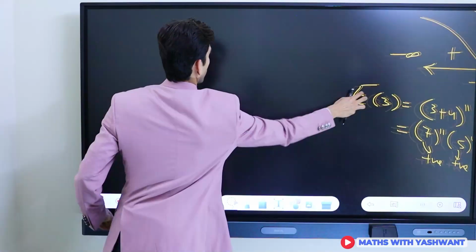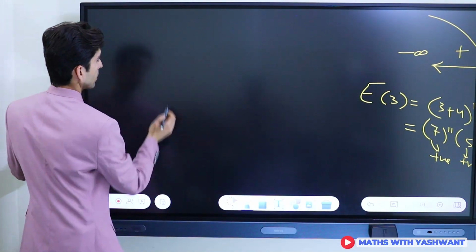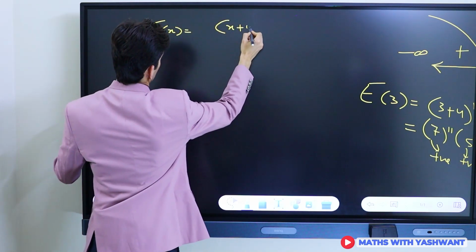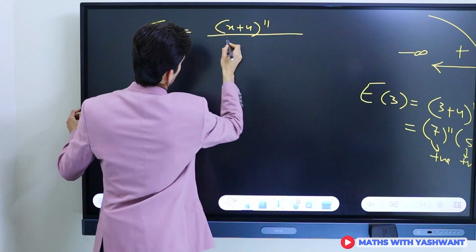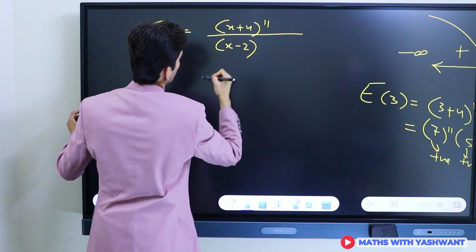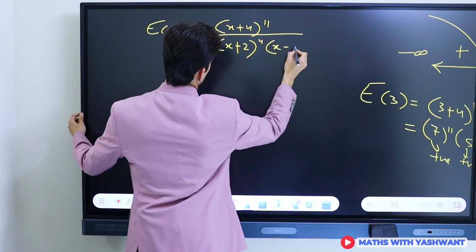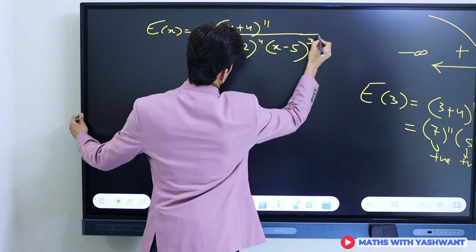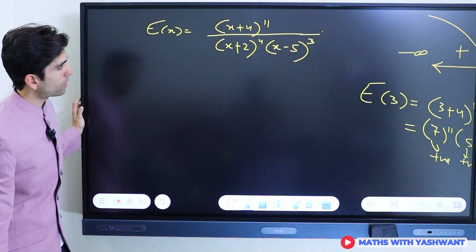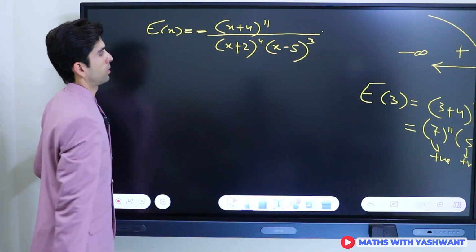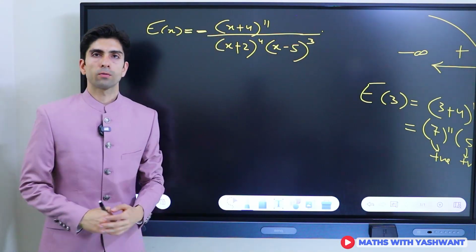Let's say E of x is equal to (x + 4)^11 (x + 2)^4 (x - 5)^3, and let's say we have a negative sign also here. We have to draw the wavy curve for this expression.